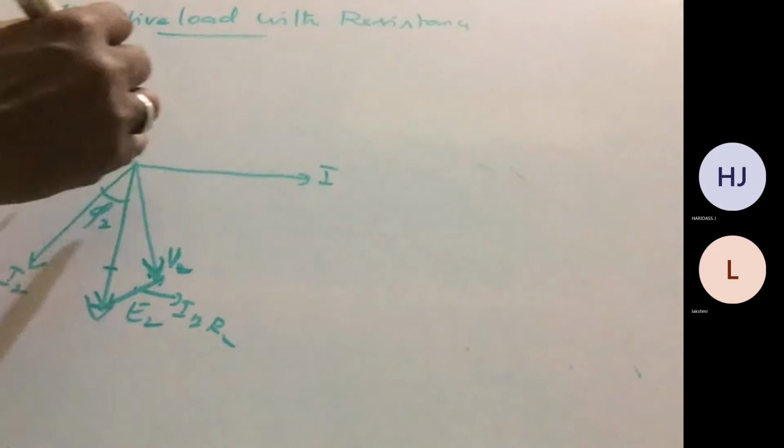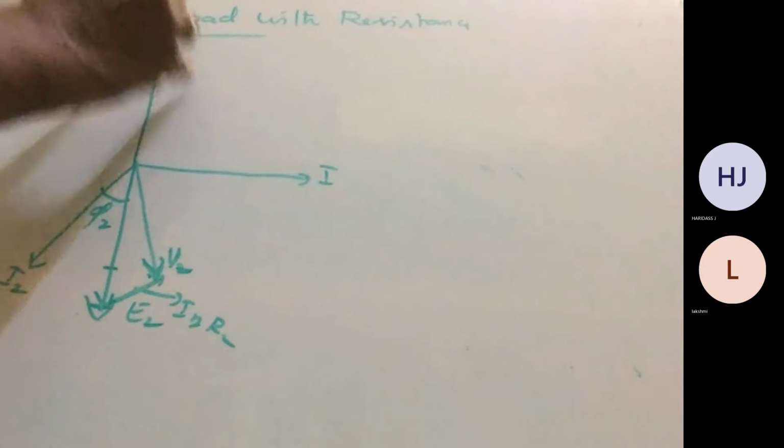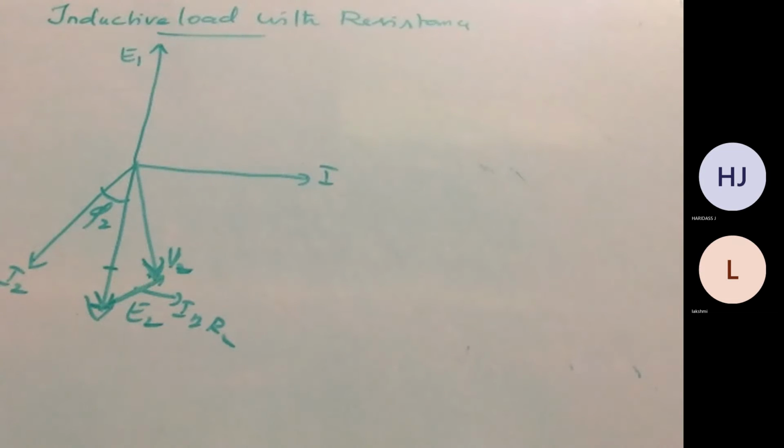We have drawn E2, so you project it to the primary side as the induced EMF E1. What about E1? E1 equals V1 minus I1 R1.